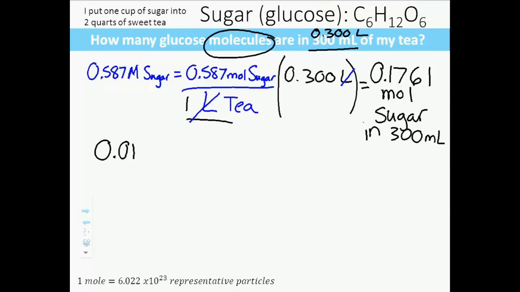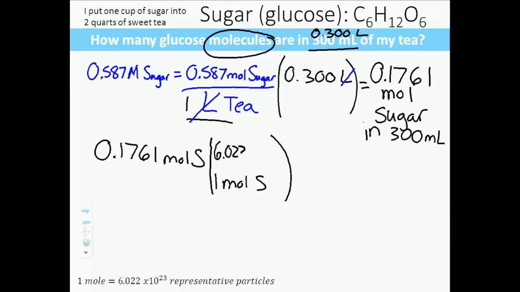So I have 0.1761 moles of sugar. Now, how do I get from moles to molecules again? 1 mole of sugar is equal to 6.022 times 10 to the 23rd molecules of sugar.